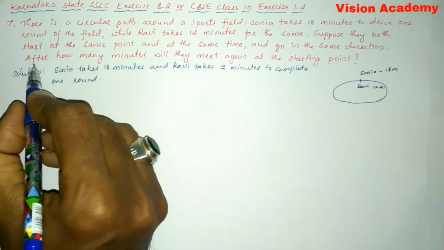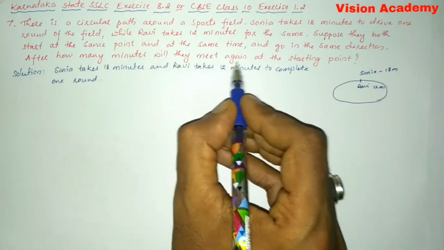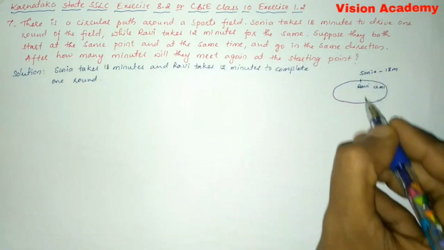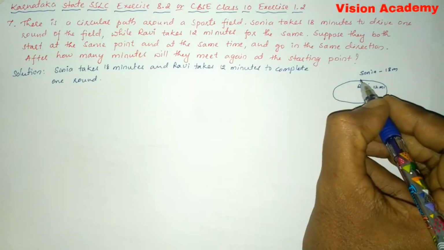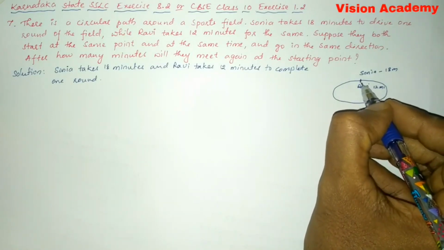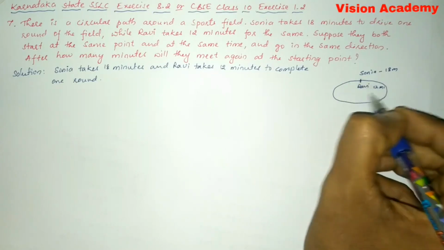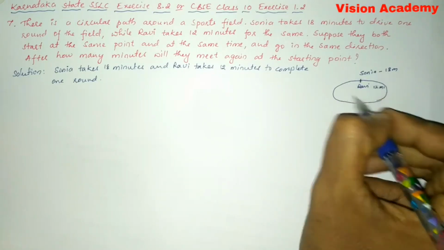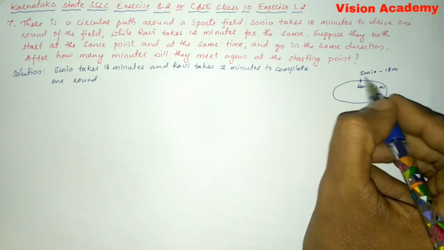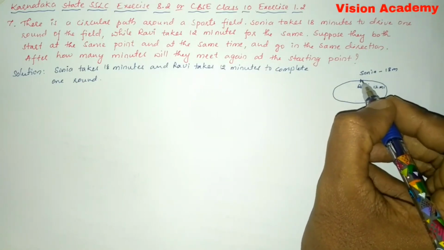In the question they have asked, after how many minutes will they meet again at the starting point. We need to find out the time that they take after rounding this particular circle, after how many minutes they are going to meet at this particular point.